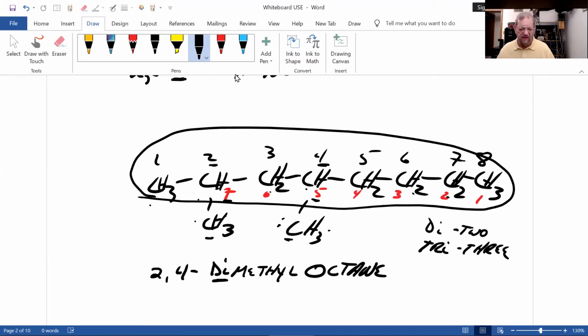All right, now, there are two types of skills you should have in nomenclature. Remember, nomenclature is a fancy word for naming compounds, and I'm talking about using the IUPAC, the official rules. One thing we've done is, here's the structure, what's the IUPAC name?